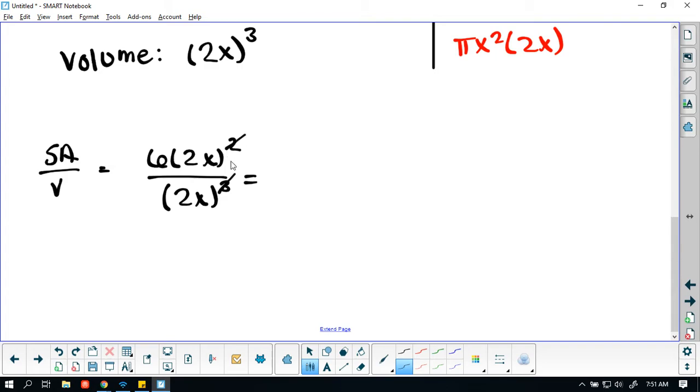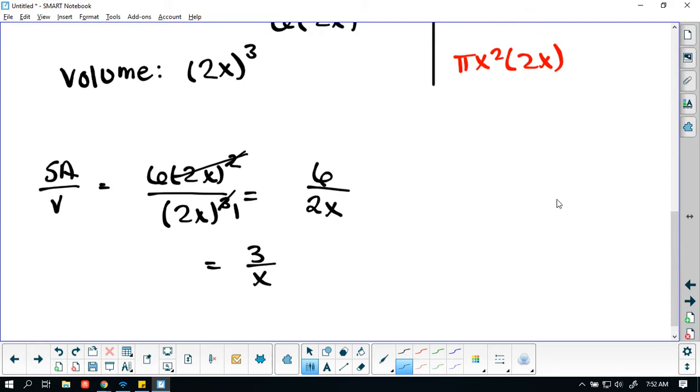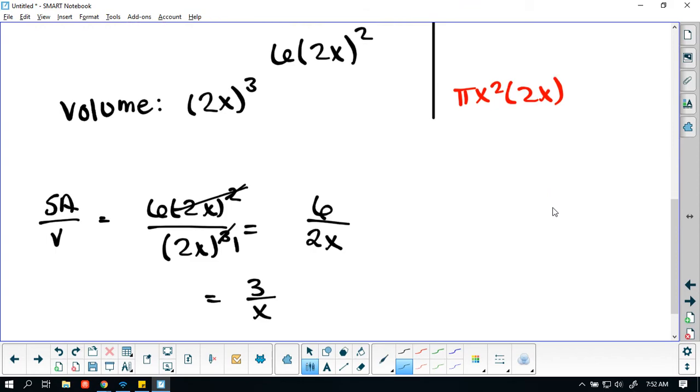That cancels, so I'm left with 6 divided by 2x. Simplifying that, we get 3 over x. So the ratio of surface area to volume for the container is 3 over x.